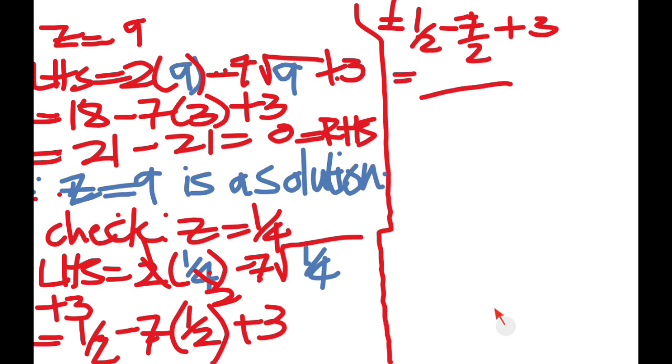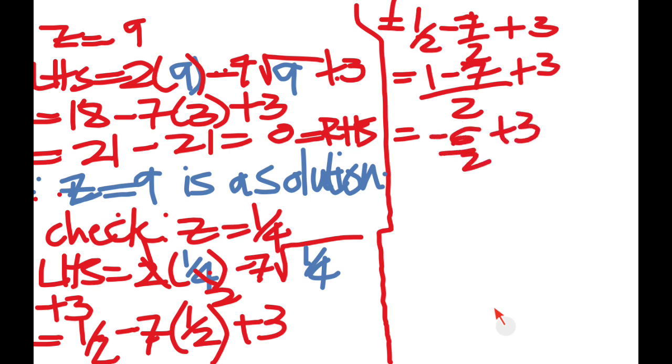Okay, common denominator 2: 1 minus 7 plus 3, which is equal to negative 6 over 2 plus 3. Negative 6 over 2 is negative 3, plus 3. That is equal to 0, which is equal to the right hand side.